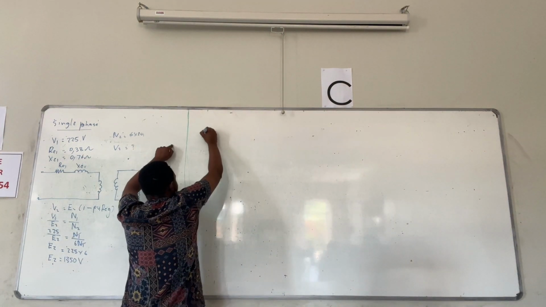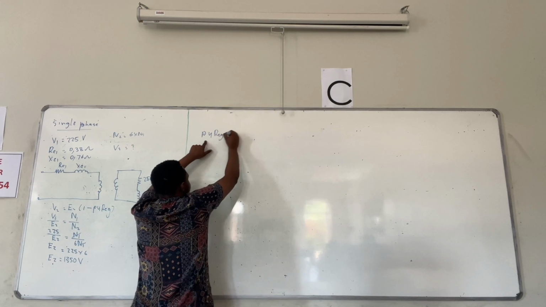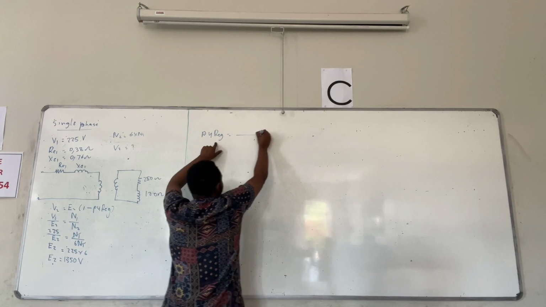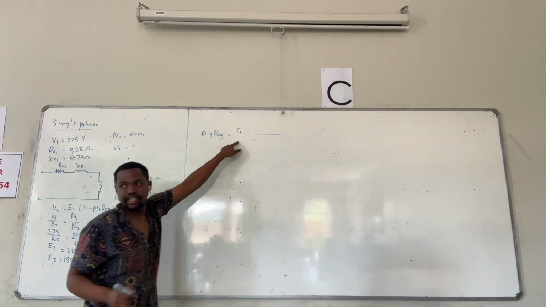Per unit regulation is given by I1 plus theta, primary.